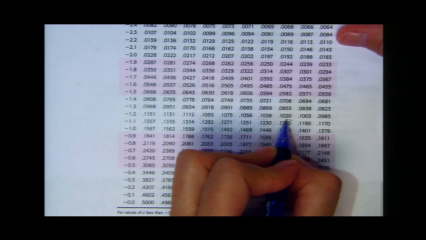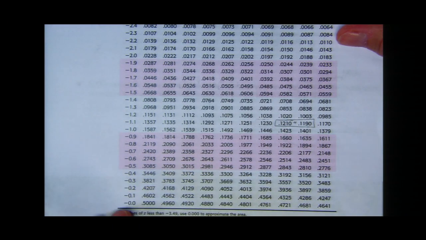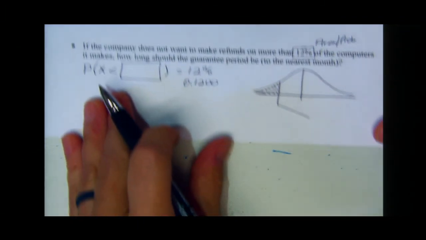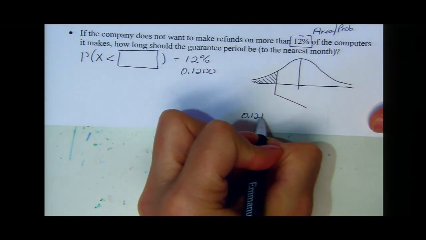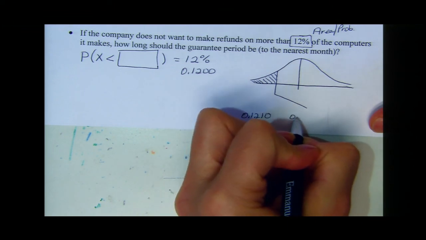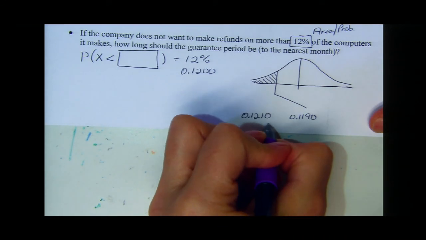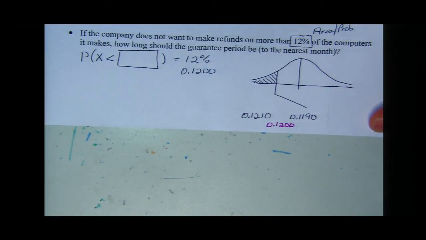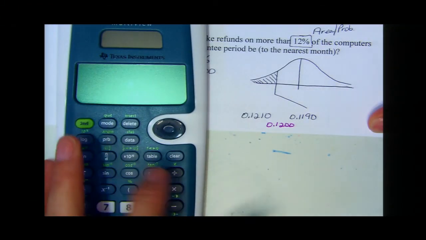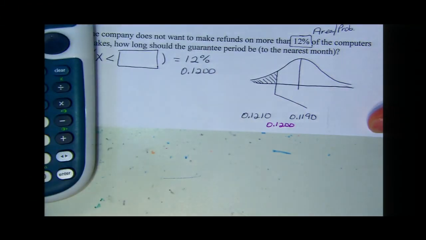Okay, it looks like it's going to be in between two values. So I found 0.1210 and 0.1190. And we're looking for 0.1200. So we first want to ask ourselves, which one is it closer to? Oh wait, what z values are those?